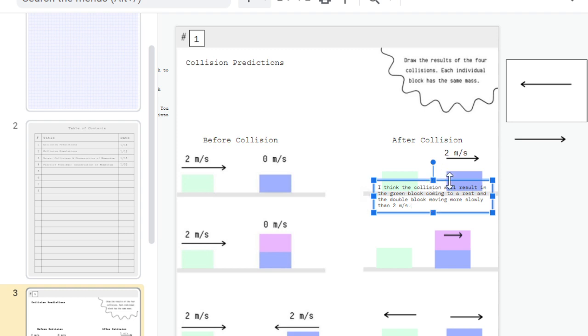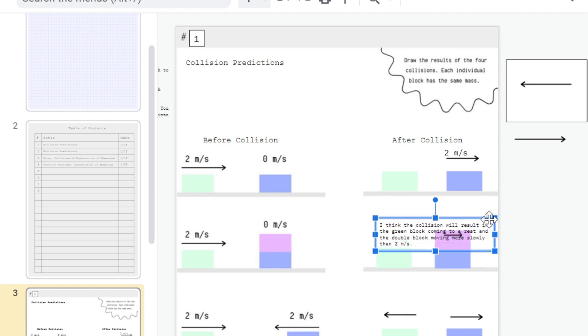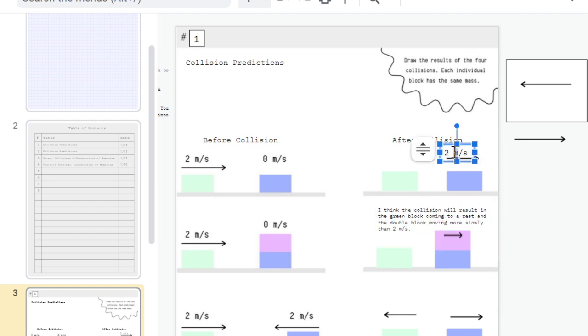Here's an example: I think the collision will result in the green block coming to rest, and this is for this one down here, and the double block moving more slowly than 2 meters per second. So you can use words, arrows, or values; that is up to you.